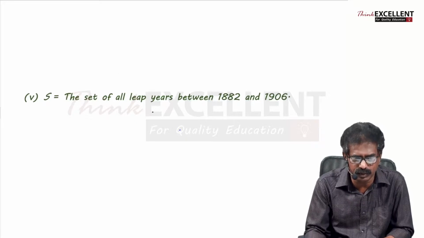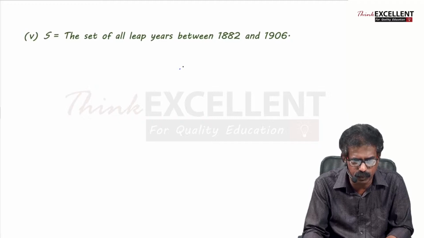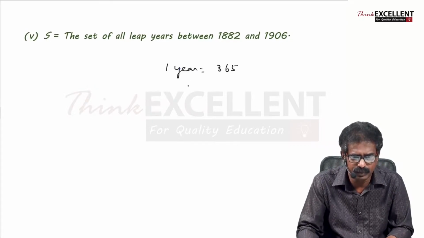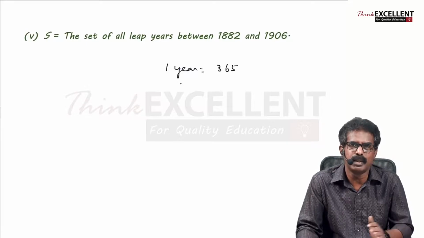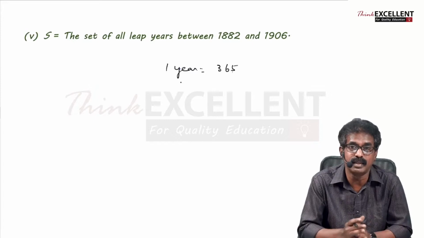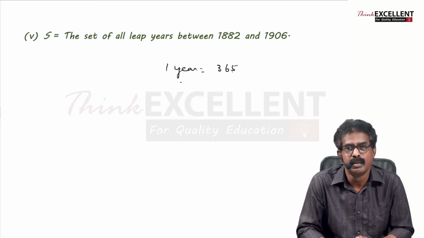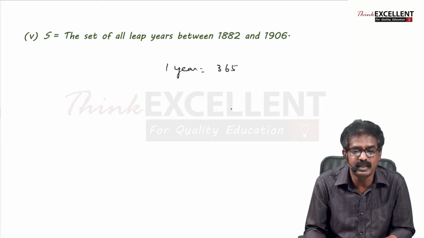So every month, some months have 30 days, some 31 days, but only 1 month has 28 days, February. But for a leap year, the number of days is 366.